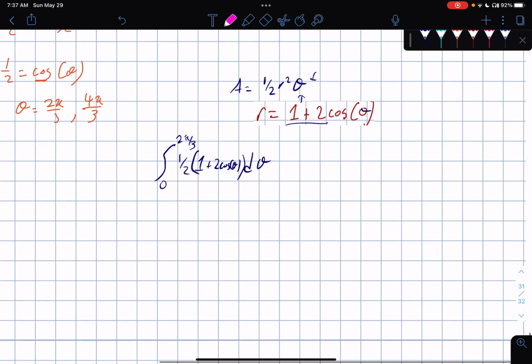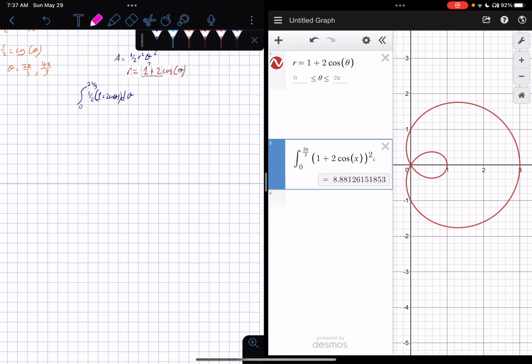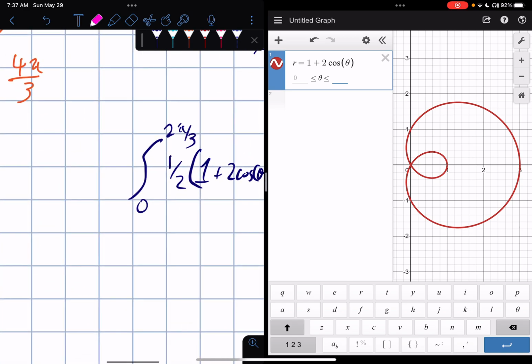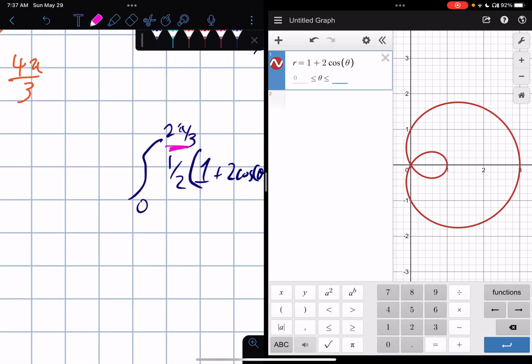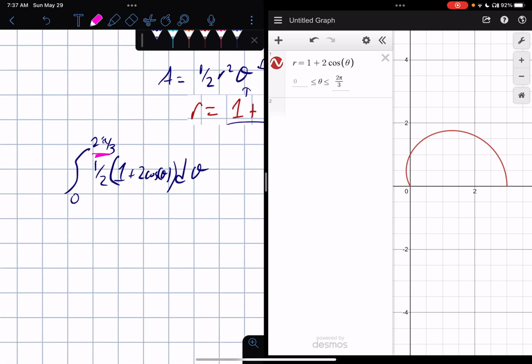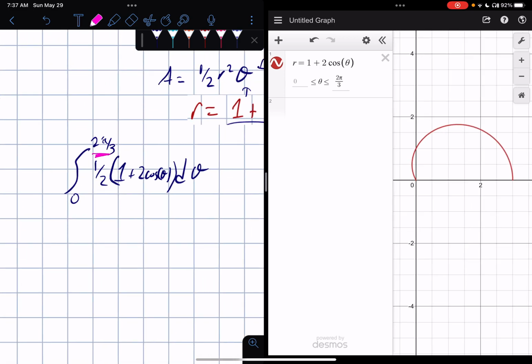To illustrate it, you can go to Desmos and see what's going on. Let's say we want to go from 0 to 2 pi over 3. Notice that right now with this integral, we're calculating this entire area.